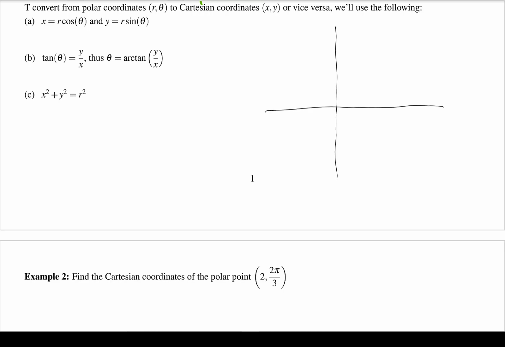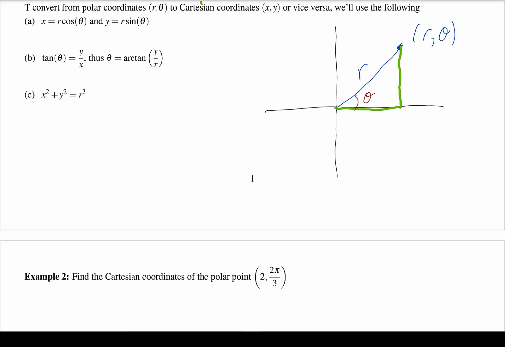So let's say I have some point r, theta, and it's sitting right here. What that tells me is that this distance is r, and if I was to say make a triangle right here, then this angle right here would be theta.